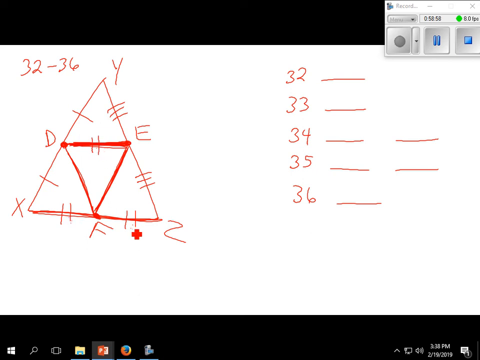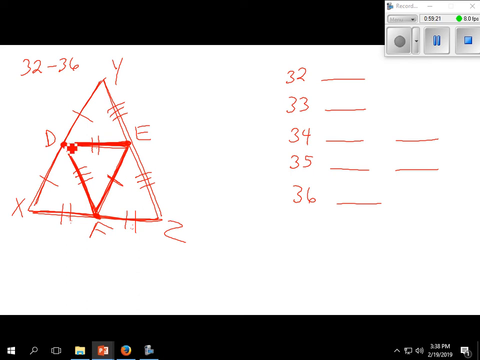So all three of those segments have to be the same length. And we can do the same thing for the others. This segment DF has to be half as long as that. Half of it has three tick marks on it, so we can put 3 on there. Same thing on this side, that has to be half as long as that one there, so that can have 1 tick mark on it.